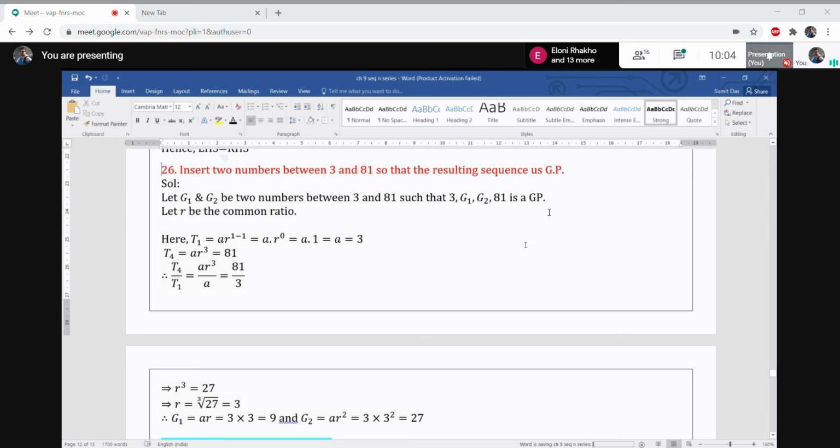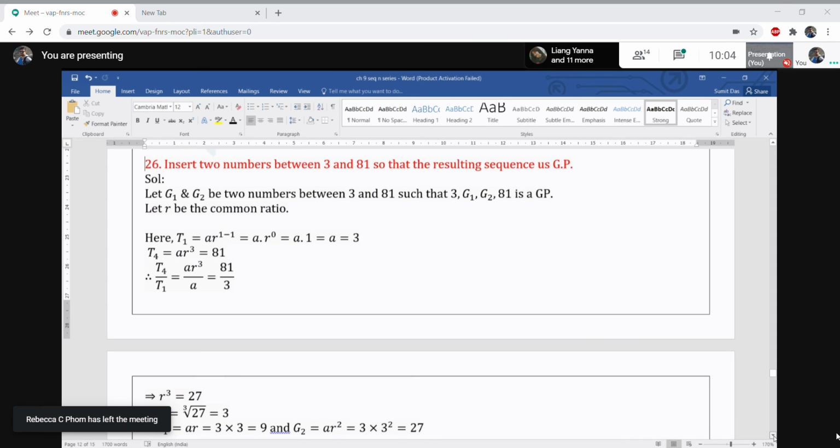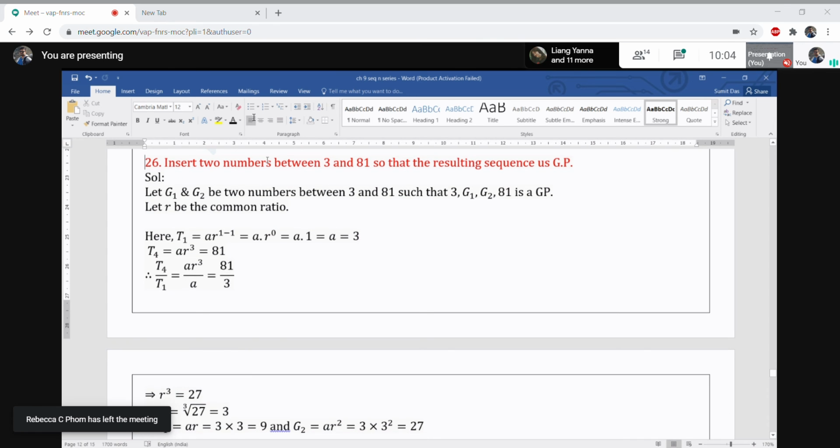Next, question number 26. Question number 26 is saying insert two numbers between 3 and 81 so that the resulting sequence is GP. Insert any two numbers between 3 and 81.